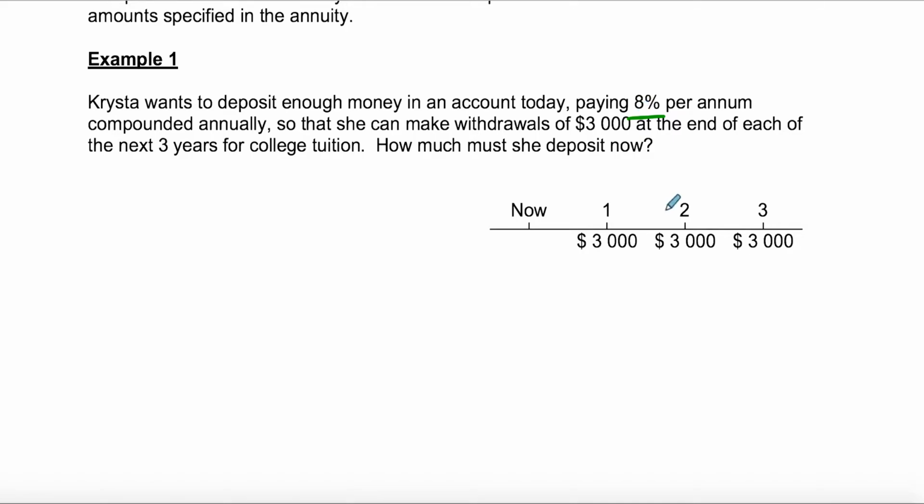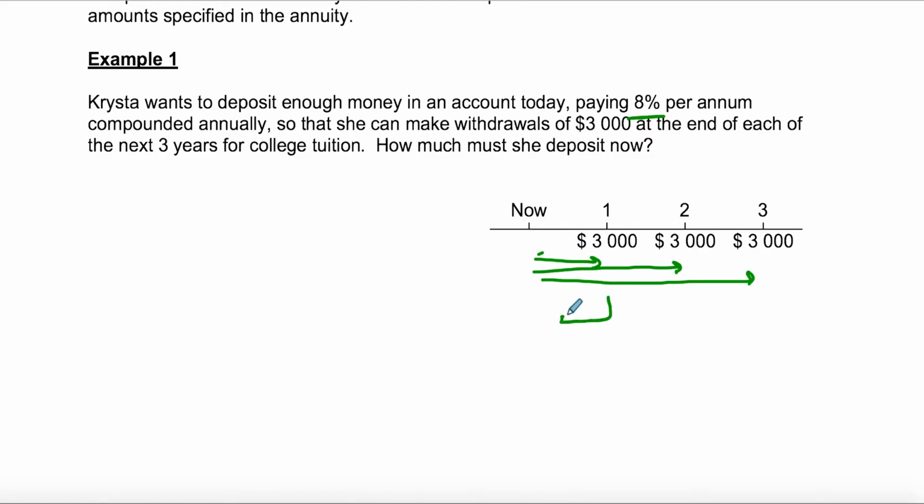It doesn't have a long time to gain interest in order to make $3,000 in the first year, but she'd have 2 years for her investment to make some interest to come up with $3,000 in the second year, and then she'd have a full 3 years for that interest to accumulate to get to that $3,000 after 3 years. So if we break this down with the formula that we already know, just for our first example.